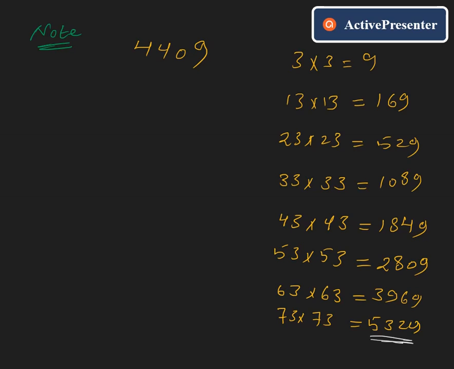This number is greater than this number, and we didn't get a perfect square of 4409. This means this is not a perfect square. I hope this example is clear. Now going back to our question, to use the factorization theorem to determine whether each trinomial is factorable or not over the integers, we have question now D.